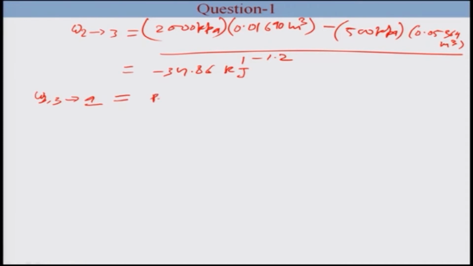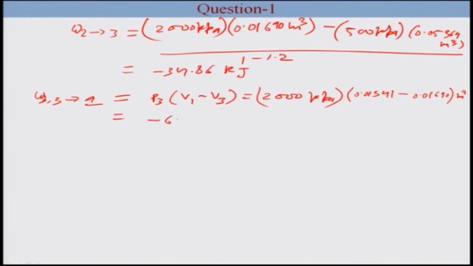So this will be P3 times (V1 minus V3), which is equal to 2000 kilopascal into (0.01341 minus 0.01690) meter cube. So this gives minus 6.97 kilojoule.